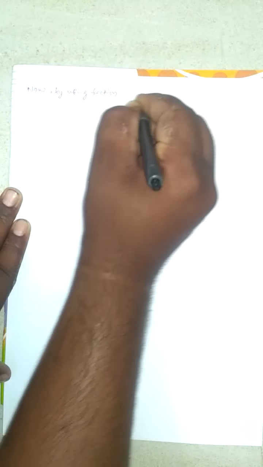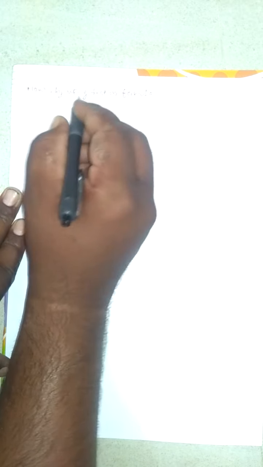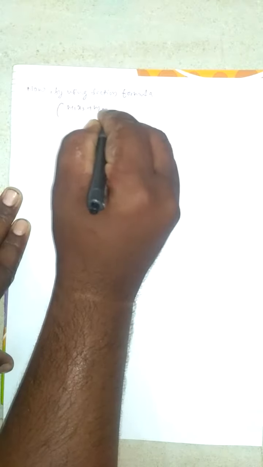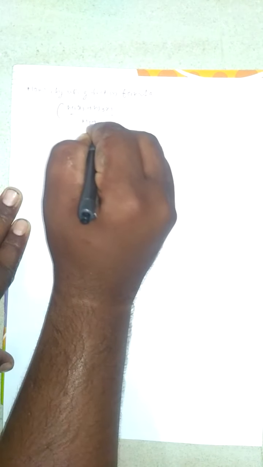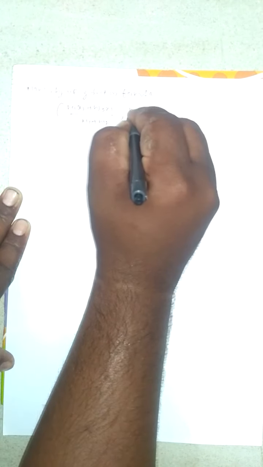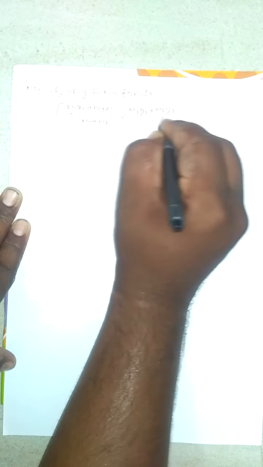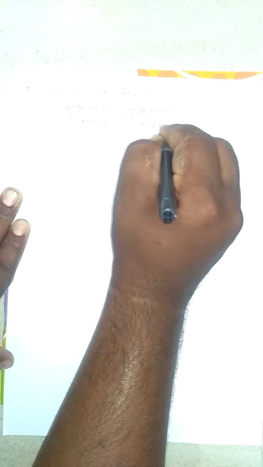Now by using the section formula, what does it say? m1 x2 plus m2 x1 divided by m1 plus m2, m1 y2 plus m2 y1 divided by m1 plus m2.